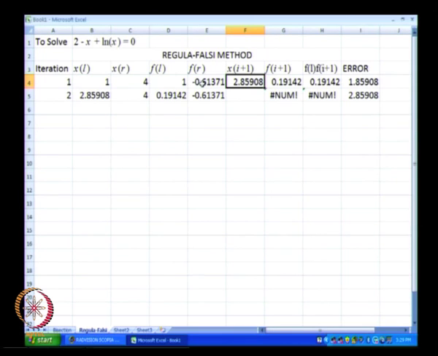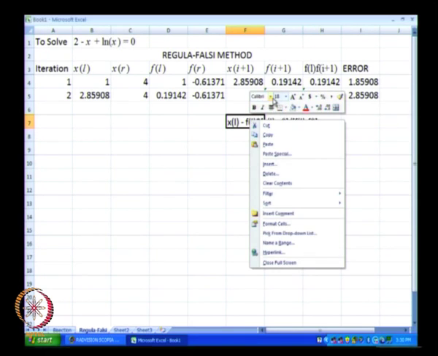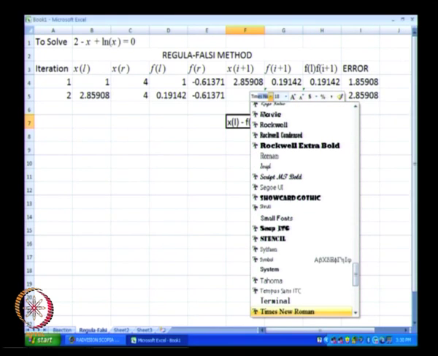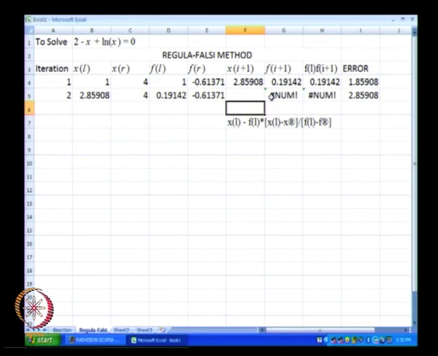So I will write down the equation for x of i plus 1. X of i plus 1 is nothing but XL minus f of L multiplied by x of L minus x of R divided by, in brackets, f of L minus f of R. And just to make it easy to read, I will make it into Times New Roman.